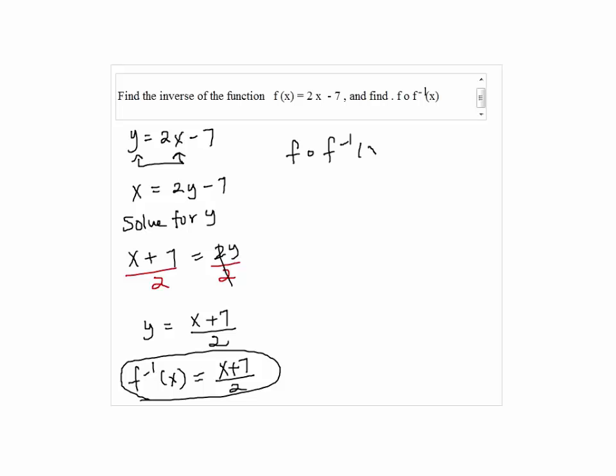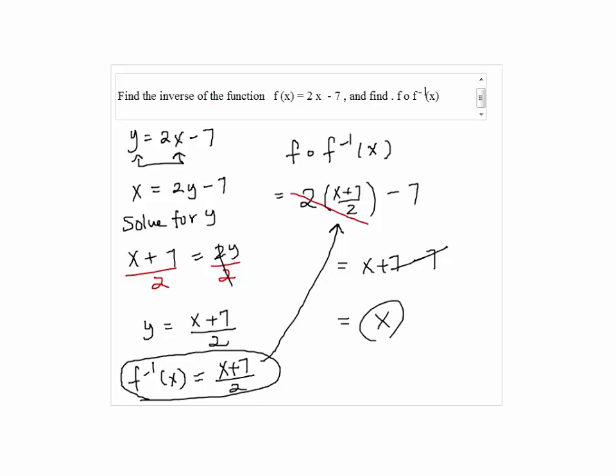Now, to find f composite of f inverse, we're going to substitute the inverse into 2x minus 7. So by canceling 2 and 2, we have x plus 7 minus 7. So the answer will be x.